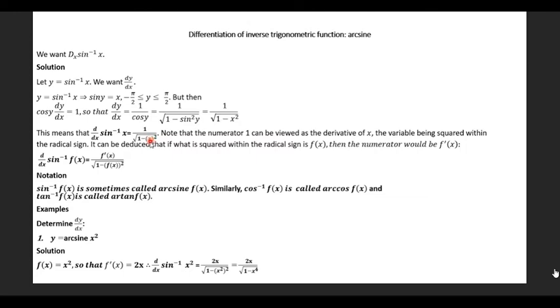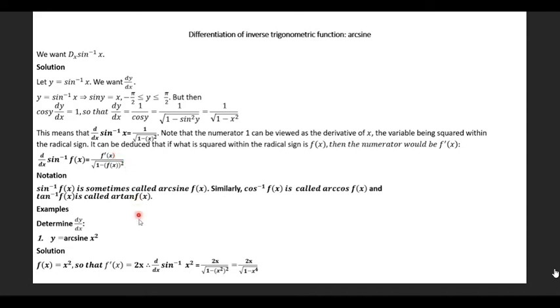I'm not saying the derivative of the square. I say the derivative of what you are squaring. So what you are squaring is x, then the derivative is equal to this. So that if we wanted the derivative of arc sine of f at x, not x necessarily, then it means where you had x, you will be having f at x, and then it will still be squared. And then from there on top, there will be the derivative of what you are squaring.